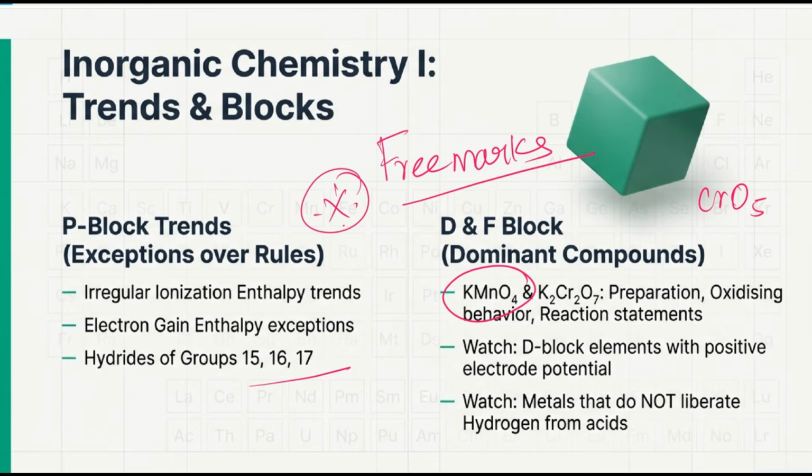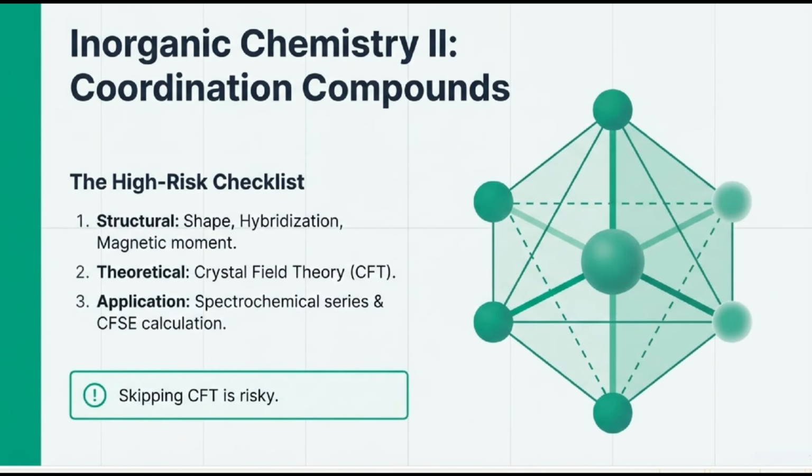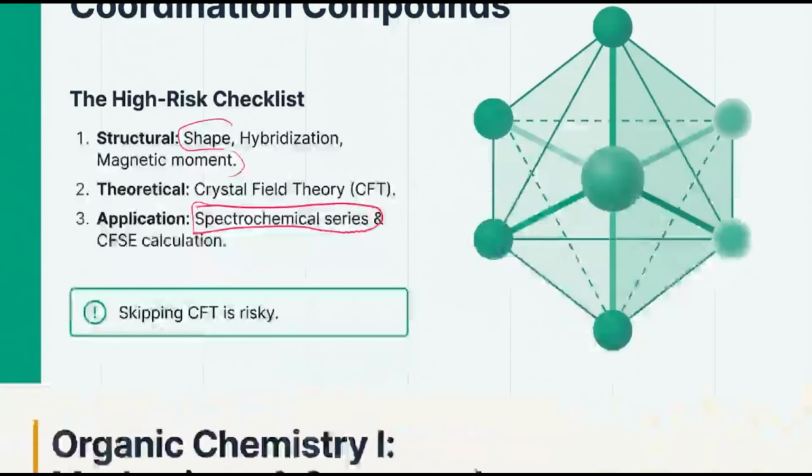Exceptions equal marks. Then in inorganic chemistry, CFT, hybridization, shape, magnetic moment, absolute free marks. And then you have to know the spectrochemical series, of course, and do the calculation part. So this you know already.